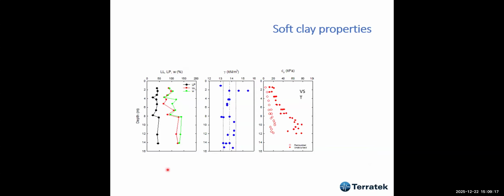So these are the soft clay properties at the site. We have here more or less 70% plasticity index. Unit weight was about normal values, about 14. However, the strength was above 20, so a good strength.